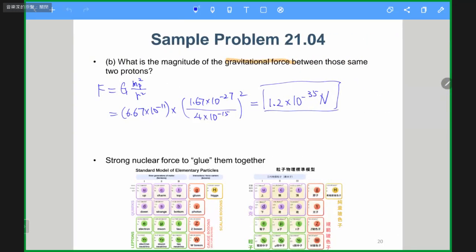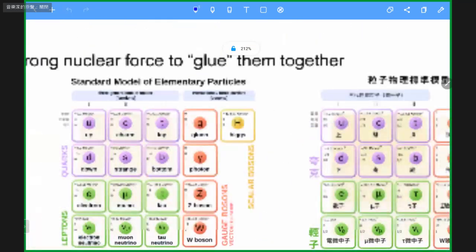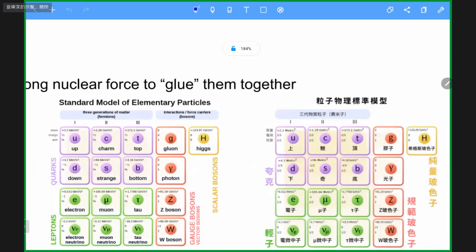This topic is just to let you know a bit about something called the standard model of elementary particles. It tells you there are some so-called elementary particles. In high school chemistry, we only know the fundamental particles called proton, neutron, and electron.